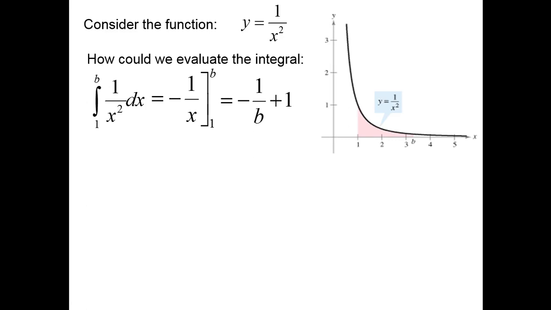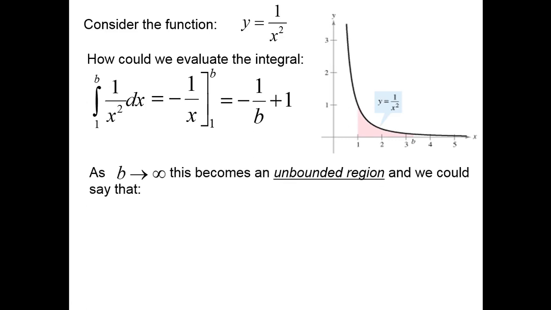So what I want you to think about is what's happening as b goes out to infinity. As this value we stop at keeps going, do you agree that this would become an unbounded region? That's what we asked in the function. Instead, we're going to write this integral as the integral from 1 to infinity of 1 over x squared.